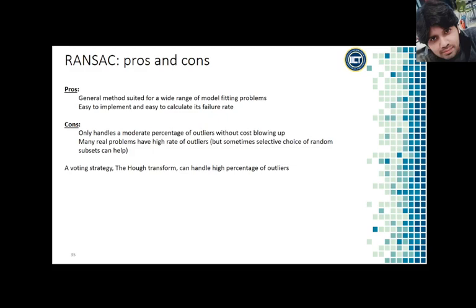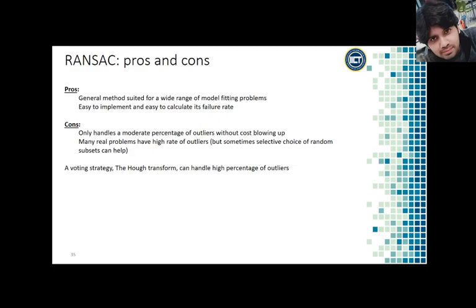We have already discussed from the table that if you have a large proportion of outliers, the method probably won't work. Many real problems have a high rate of outliers, but sometimes selective choice of random subsets can help. A voting strategy like the Hough transform can handle a high percentage of outliers, which we have already discussed in our previous lectures.